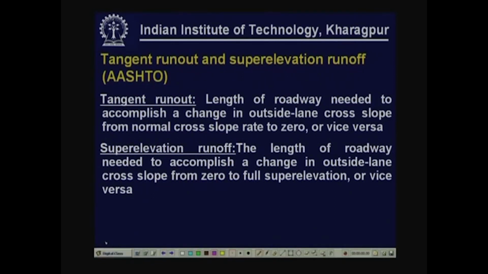Let us start with some common terminologies. We have already discussed that the normal cambered section is like this.